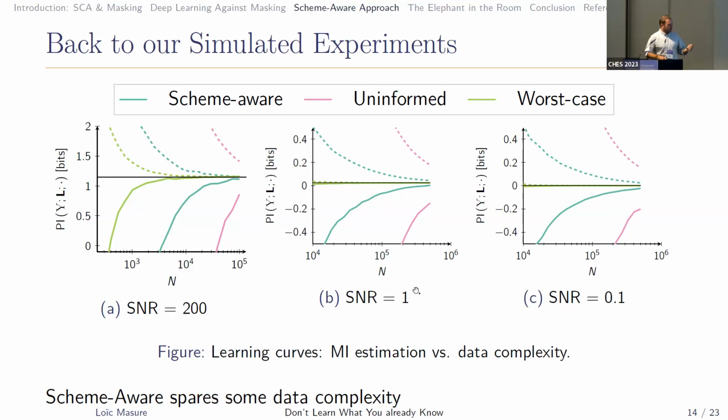You still have the worst convergence for the uninformed adversary, and a trade-off convergence for our scheme-aware adversary. What is interesting is that we still have gains of at least one order of magnitude, regardless of the level of SNR. This is just on experiments over Hamming weight plus Gaussian noise, the typical simulation framework.